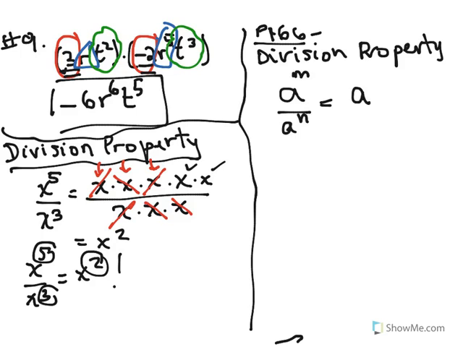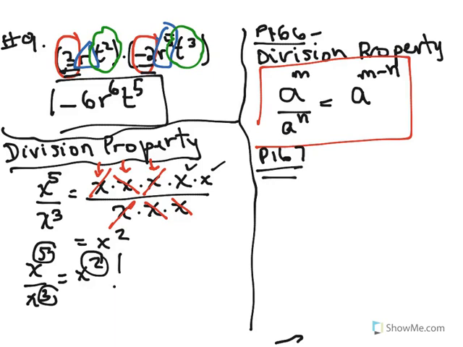Well, all I have to do is copy the base and subtract the exponents. And that is the division property. So again I'm going to do the problems in page 167. Remember to check on the back of the book for the answers. You cannot work these problems without checking your answers. You need to make sure that you have the right idea.